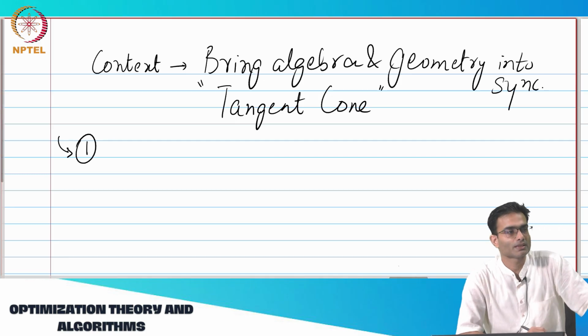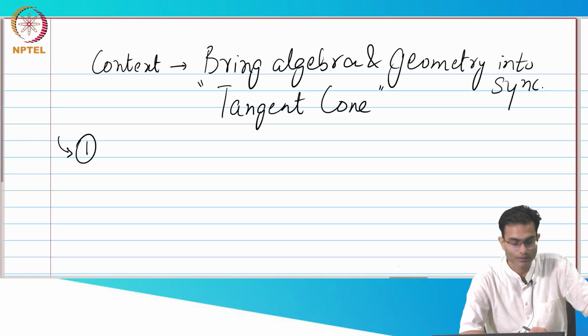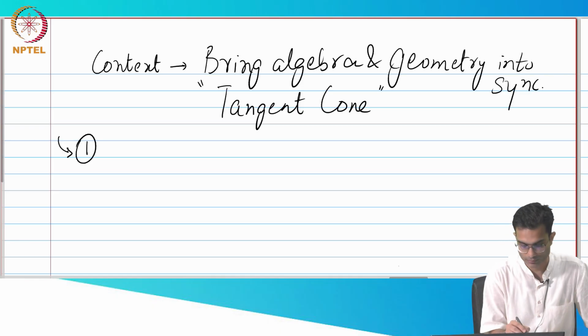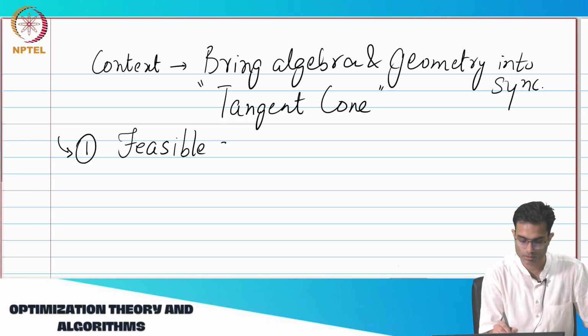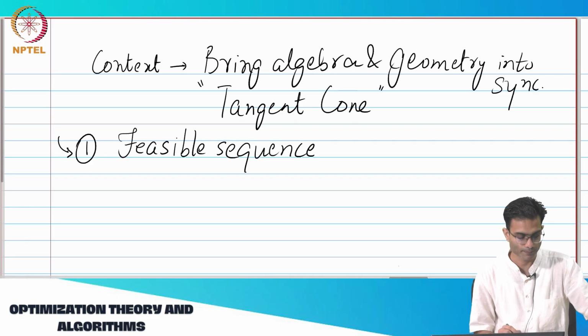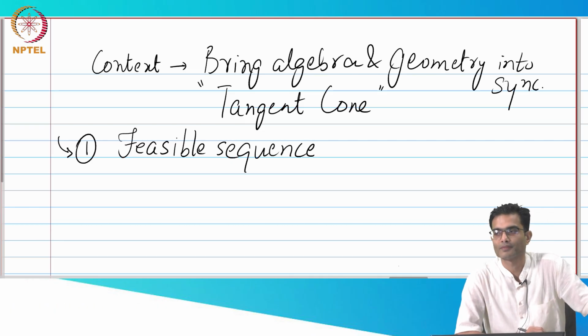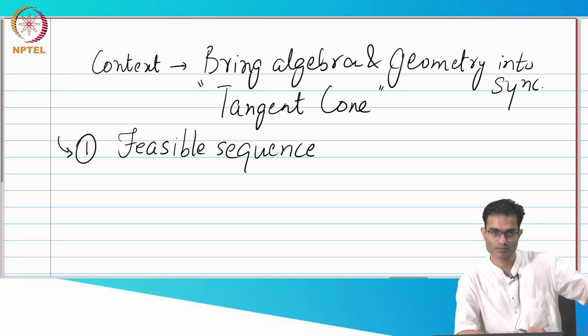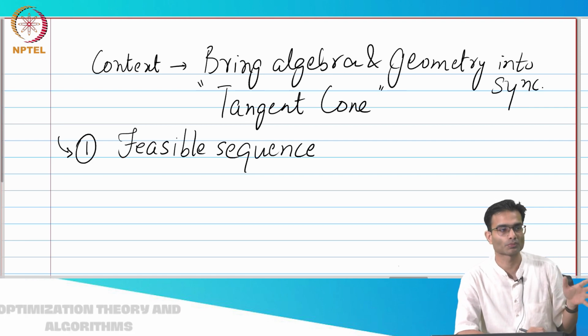So first is what I define as a feasible sequence. Okay, the words are all very common sense kind of words. Feasible. The words themselves are suggestive. Sequence means a sequence of points. Feasible means something to do with feasibility.